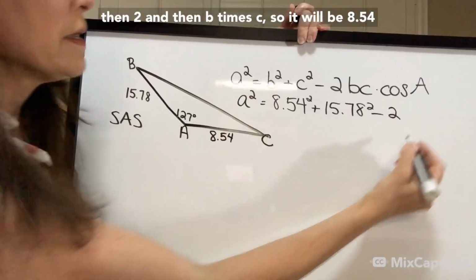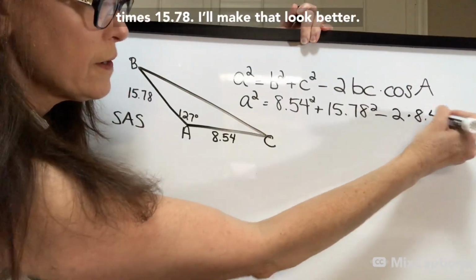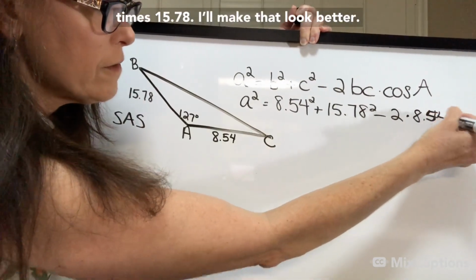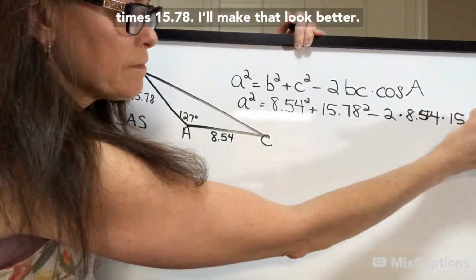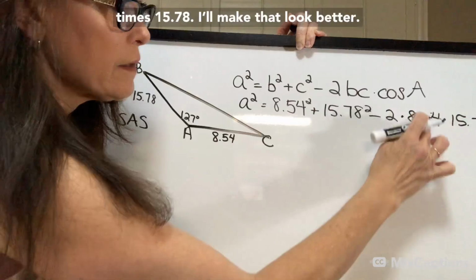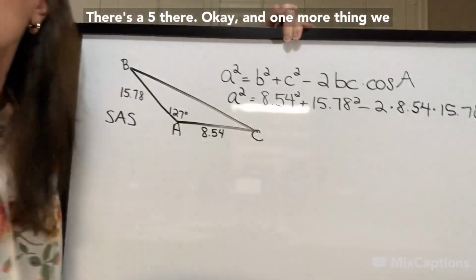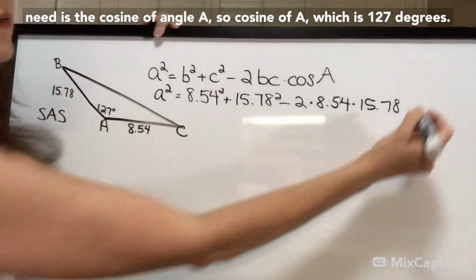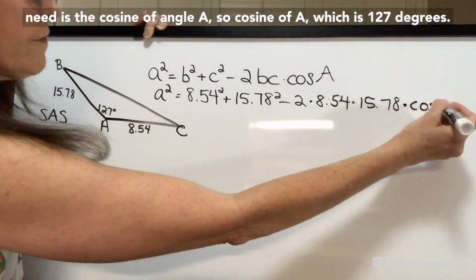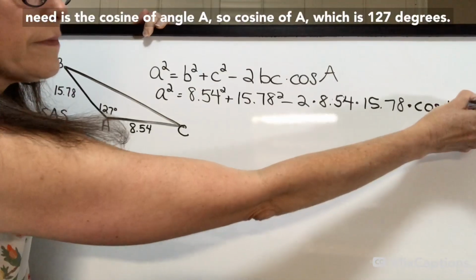So it will be 8.54 times 15.78. Okay, that'll look better. There's a 5 there. Okay, and one more thing, we need the cosine of angle A. So cosine of A is 127 degrees.